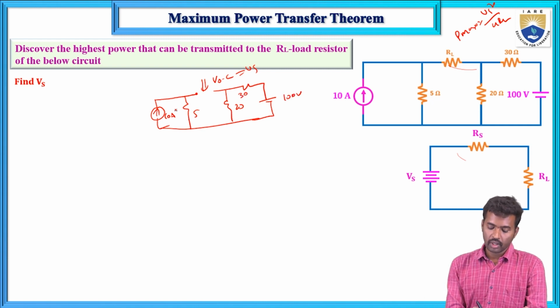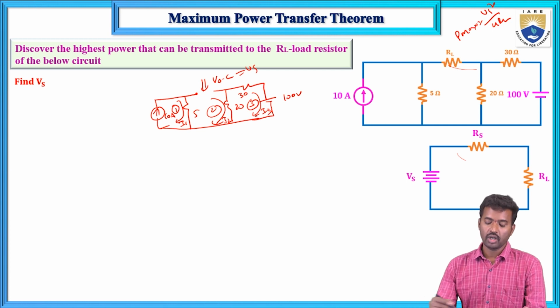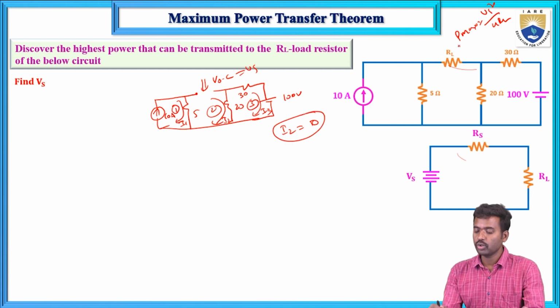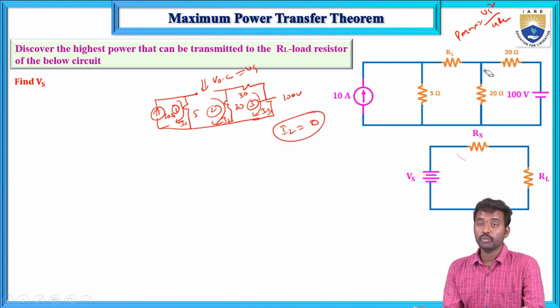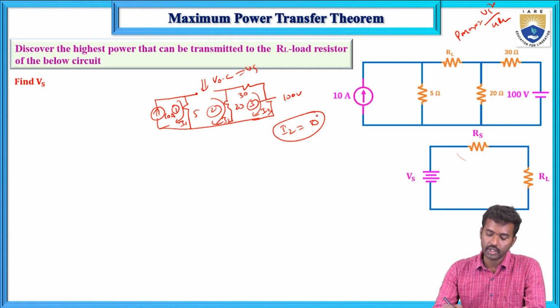Now here the possible number of meshes are 1, 2 and 3, and each mesh current I1, I2, I3 is in the clockwise direction. Now I2 equals 0 because if you remove the load, that means open circuit, and the open circuit current is 0.